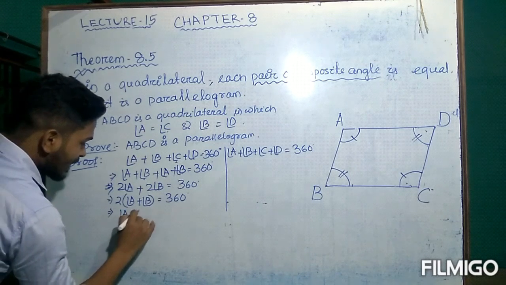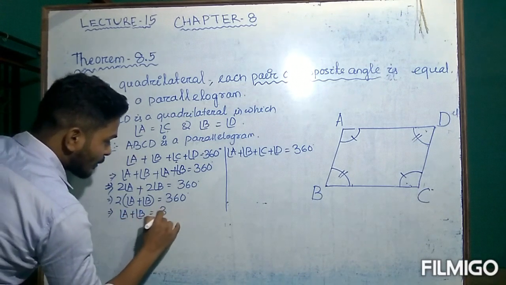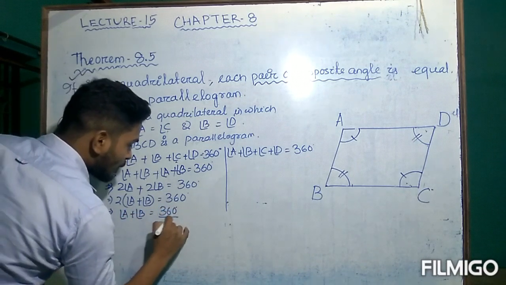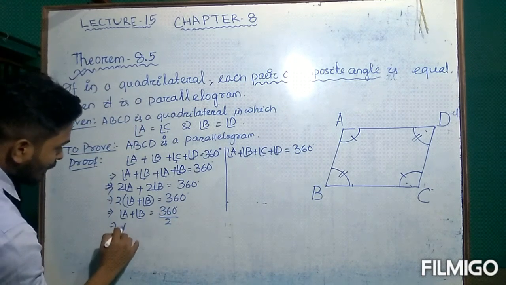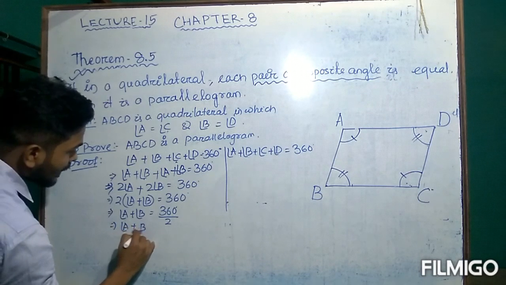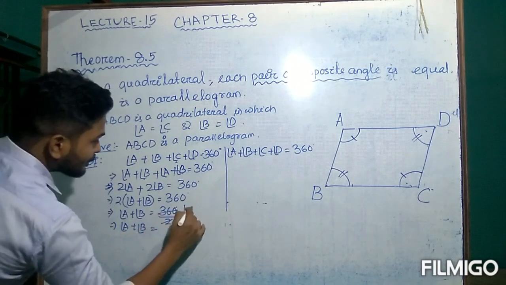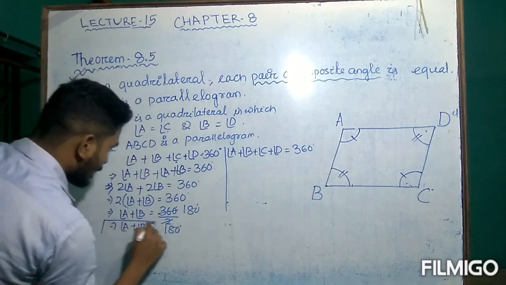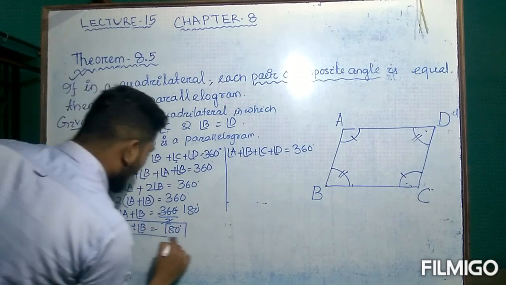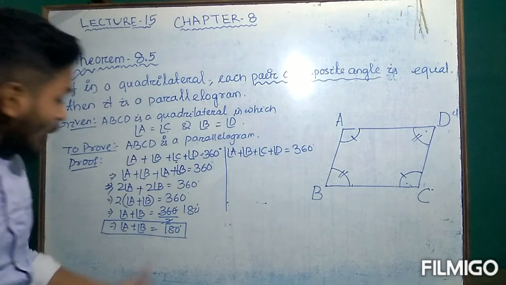So on the left hand side we have A plus B, and when 2 moves to the right hand side, it will be divided. So finally we get A plus B is equal to how much? 180 degrees. Understood? We get A plus B is equal to 180 degrees.